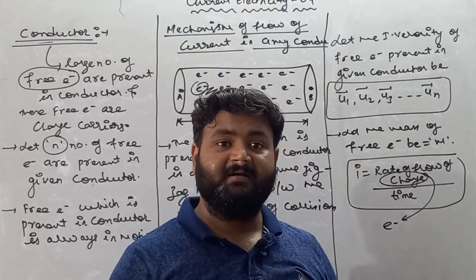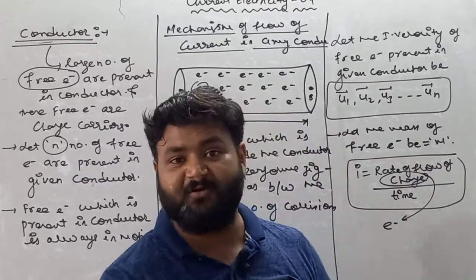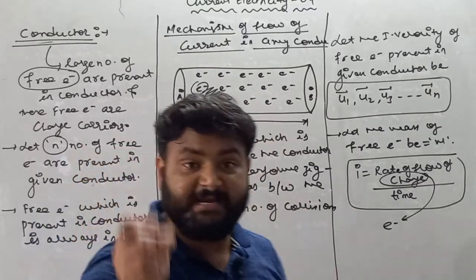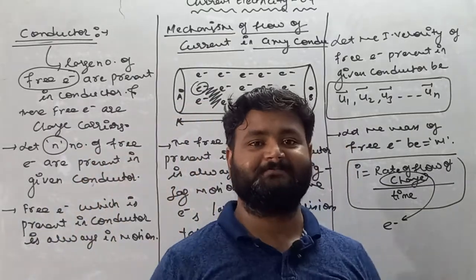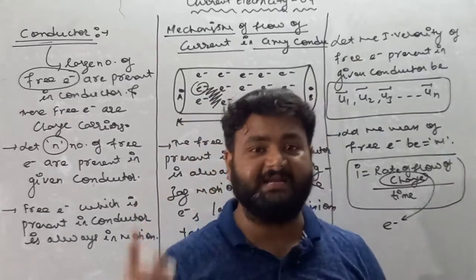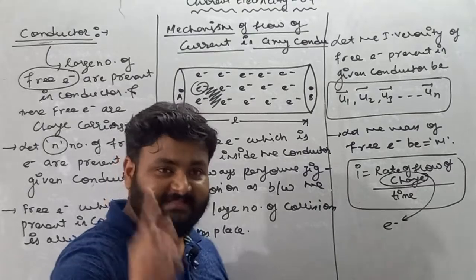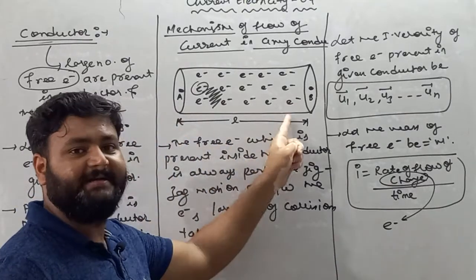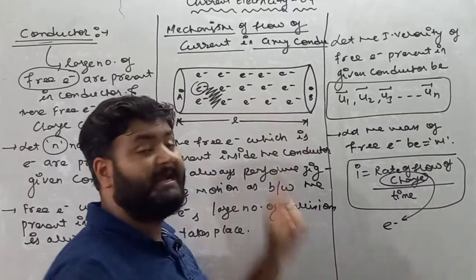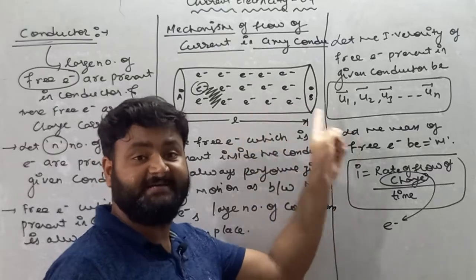Why? Just imagine. Because current is nothing but the rate of flow of electrons. Here also electrons are flowing, but these electrons cannot create current. In this piece of conductor, electrons are flowing, but still you cannot get any amount of current across this conductor.